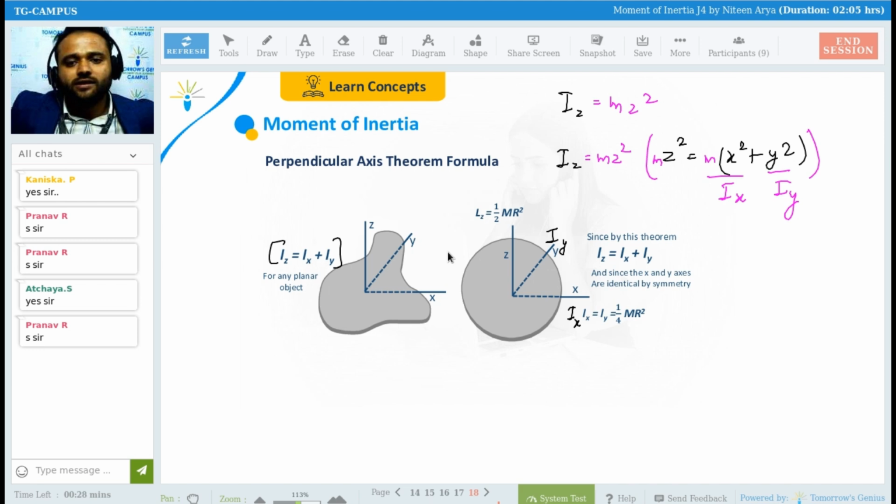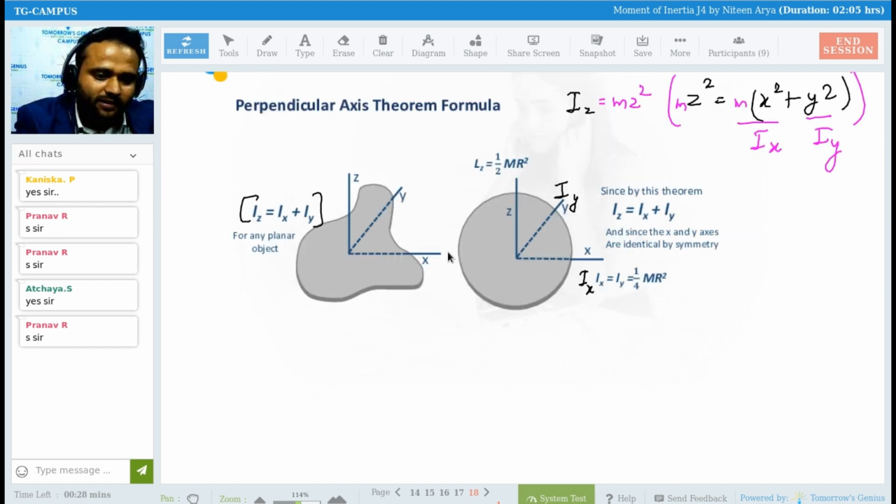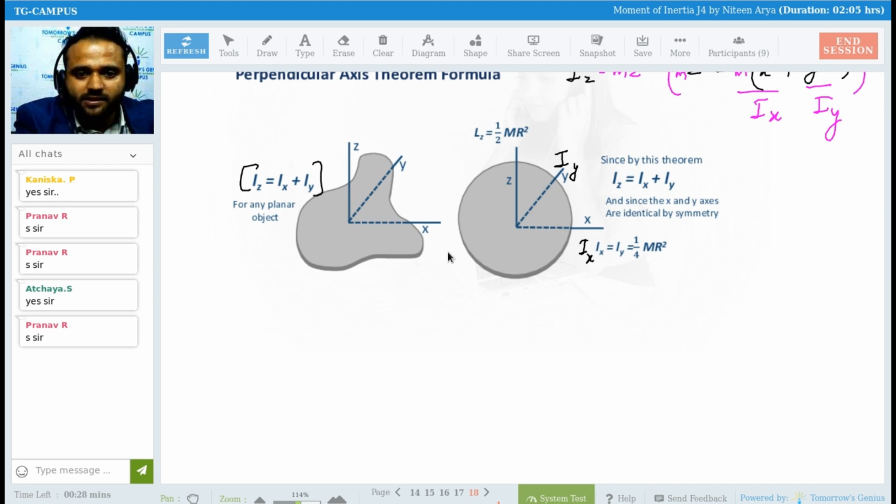Or if we have 3 circles put together, and the axis is going to be changed. Just take a look at what I'm saying right now. In this case, you are going to find these theorems very, very helpful.